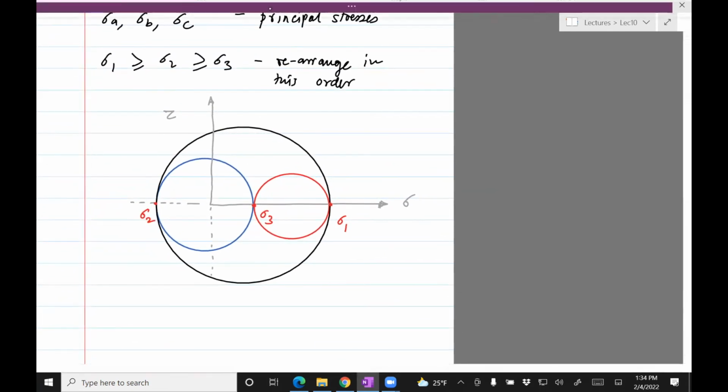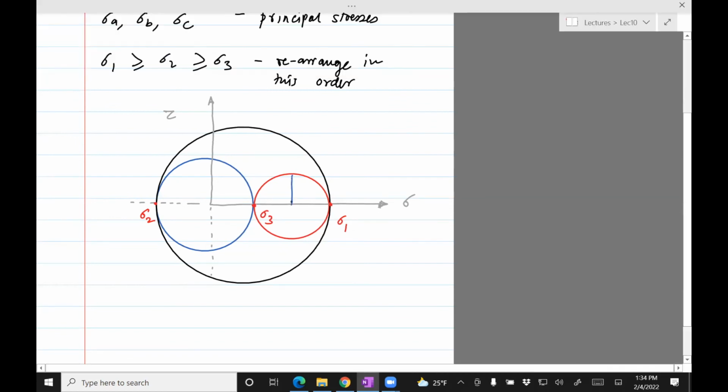So then you can draw the maximum stress. I'll call it tau 1, 3, tau 2, 3. And this we'll call tau 1, 2.